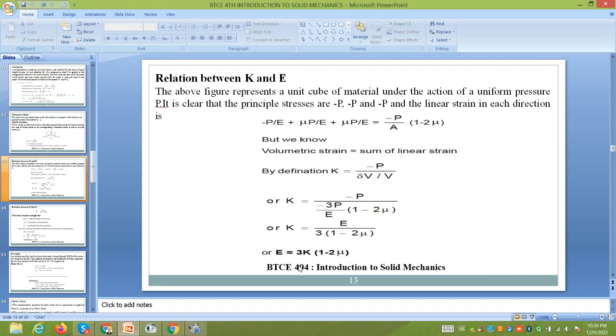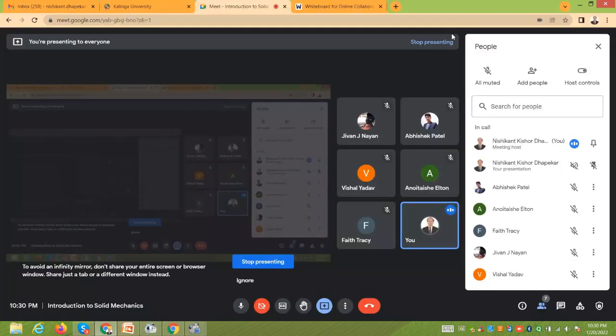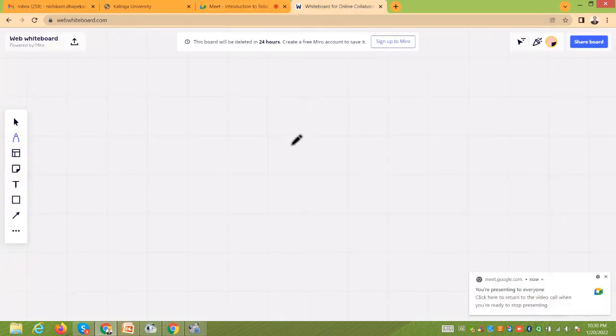If you know modulus of elasticity and Poisson's ratio, you can calculate bulk modulus of elasticity. If you know modulus of elasticity and bulk modulus of elasticity, you can calculate Poisson's ratio. In short, you have three unknowns.